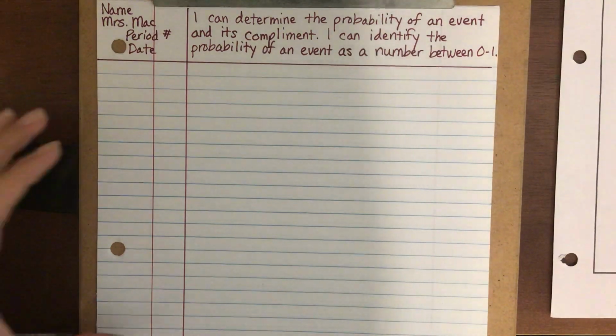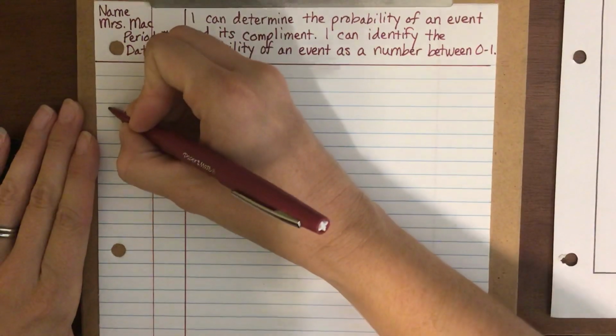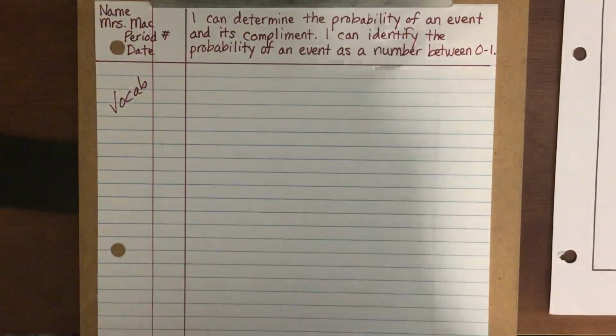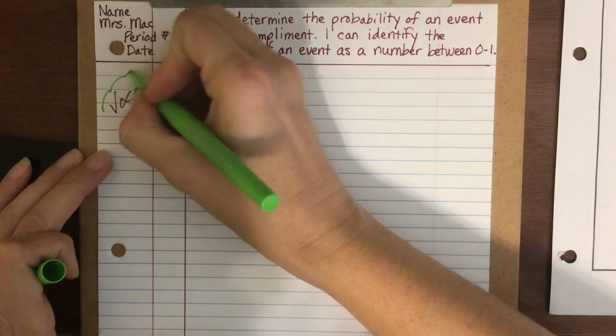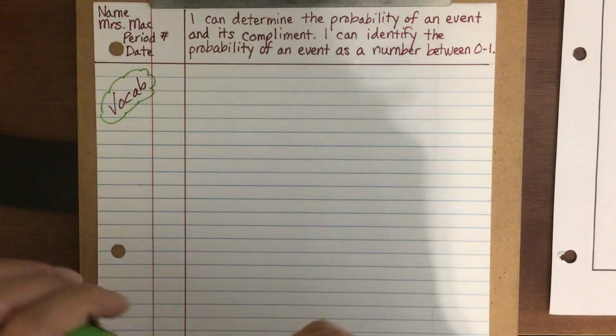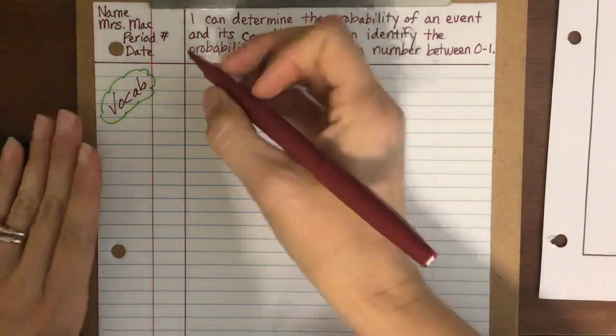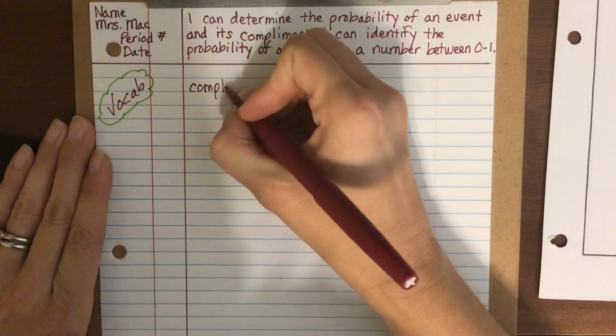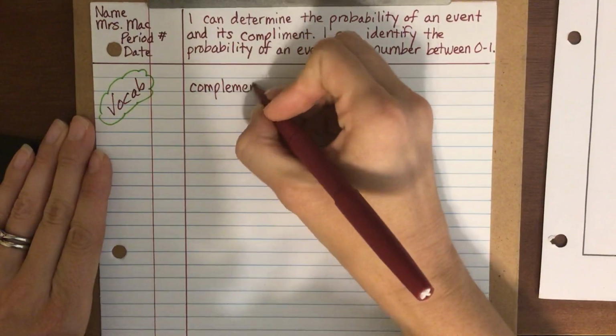All right, so let's start with some vocabulary. We're starting with vocab. We're going to actually define complementary event. And then I'll show you some examples of it too.